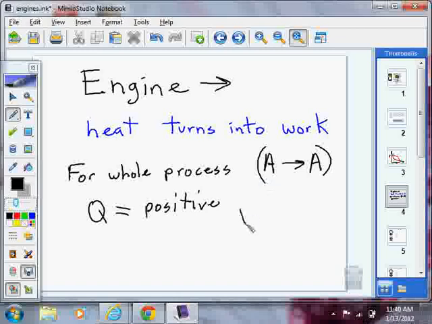So W is going to be negative. It turns out that if you look at the closed loop on a PV graph, if it's going clockwise, it's an engine.